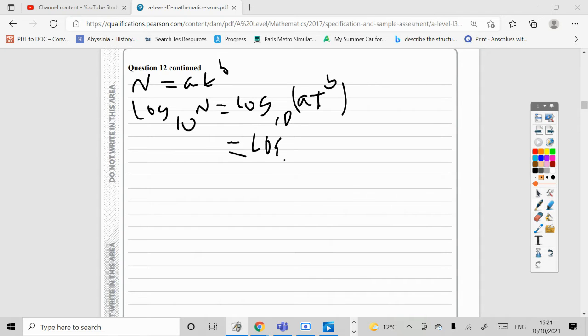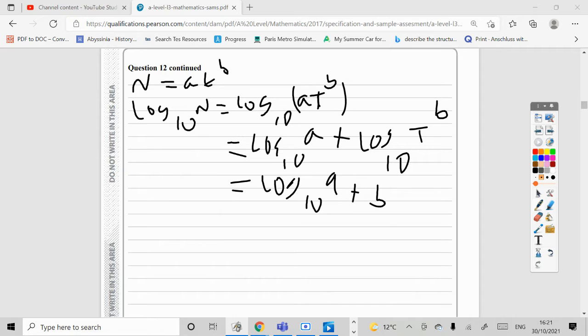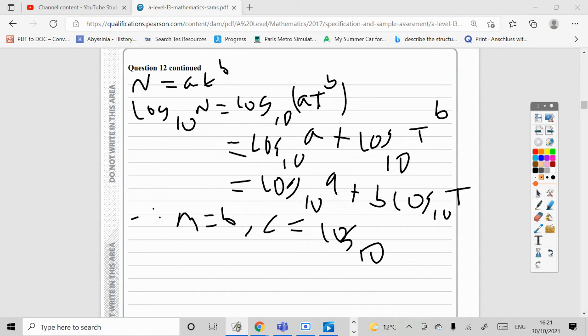So we've got log base 10 of a plus log base 10 of t to the b. Using the log law, I can bring the power down to the front. So plus b log 10 of t. Therefore m will be b, and c will be log base 10 of a. Okay, that's part A.